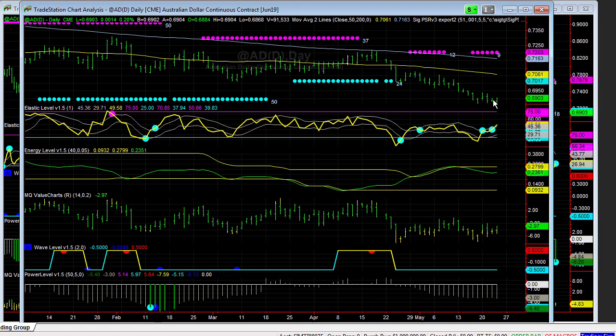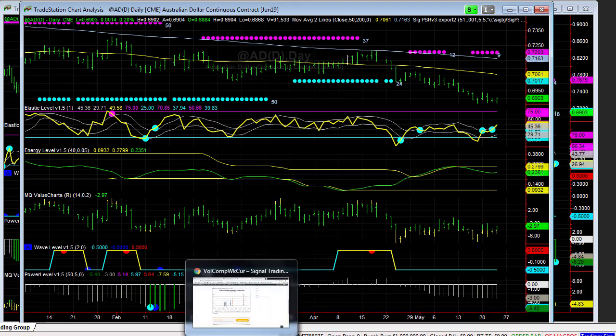But as long as we stay above this level, we could see the other markets start to pick up, which is what I really believe, and then we could see some type of a bounce in the Australian dollar.